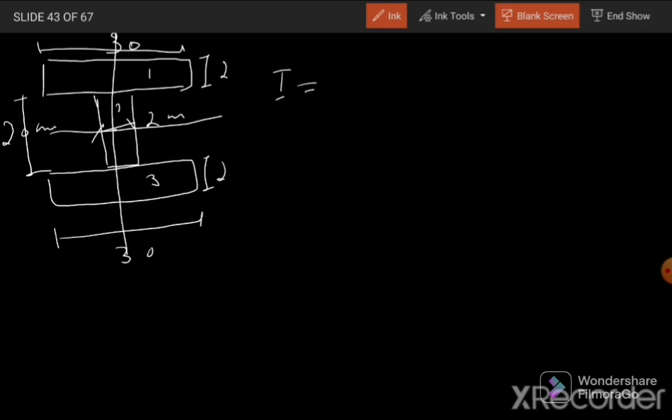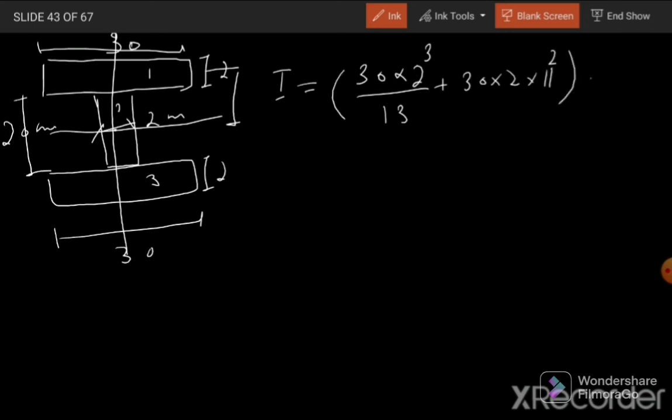So for figure 1 it is 30 times 2 cube divided by 12 plus 30 times 2 times the distance from here up to the centroid. This is 10 plus 1, so it is 11 square.